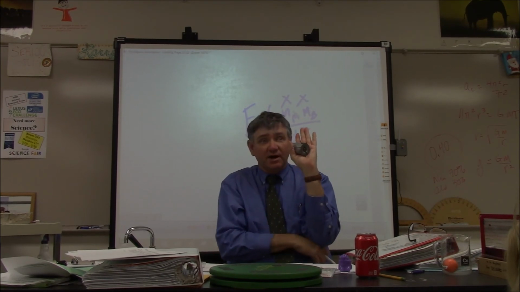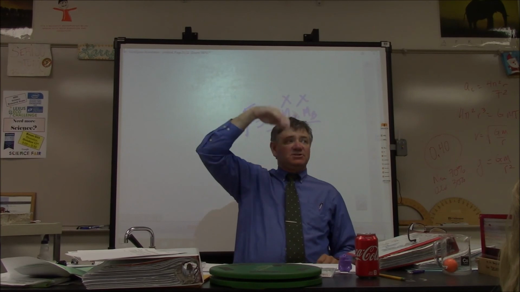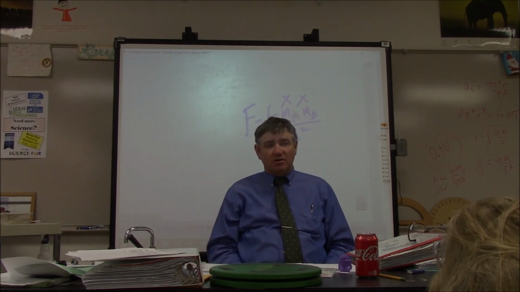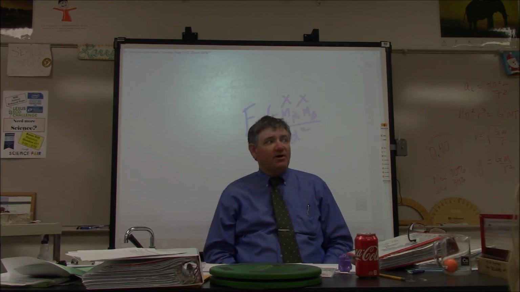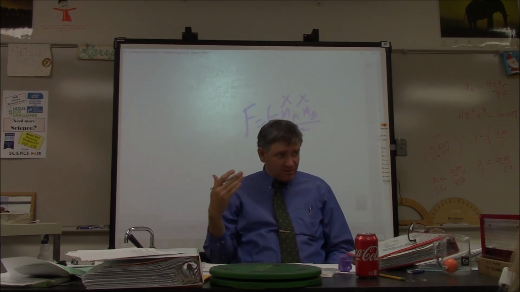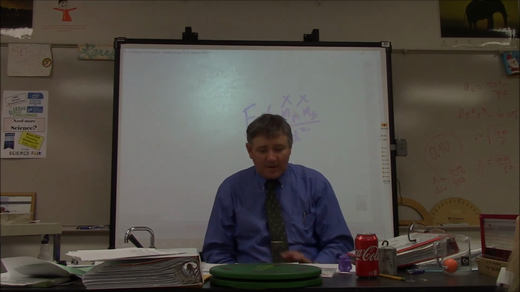So I want to figure out how far I've got to take this 1 kilogram mass so that g drops to 3. Basically, I'm asking you, how far do you have to go until g from the Earth's gravitational field drops to 3 meters per second squared?